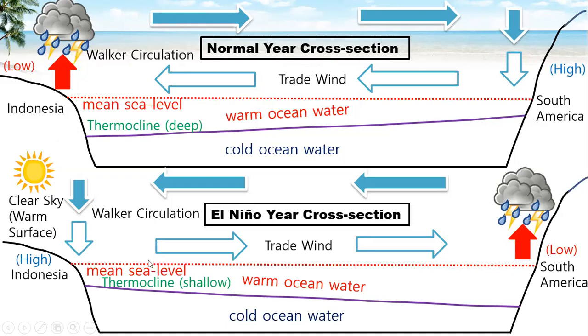Meanwhile, in the Indonesian maritime continent, the thermocline is shallower, and it is dominated by cold ocean water that might lead to clear sky above the Indonesian maritime continent, which might contribute to a warm surface, and we could easily find forest fires during El Nino. This is the ocean conditions between normal and El Nino years, okay?